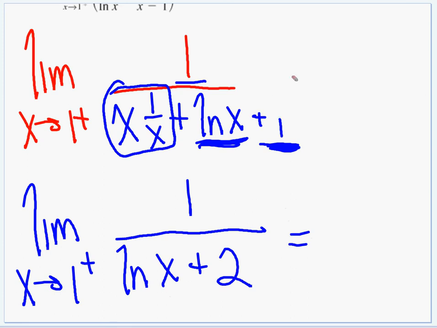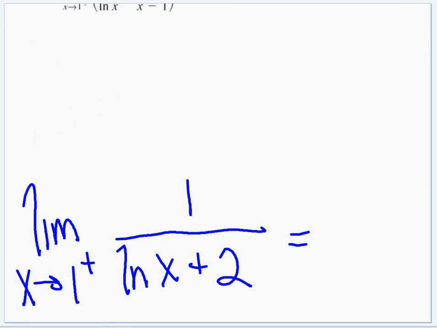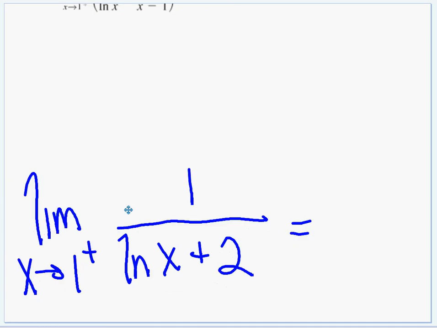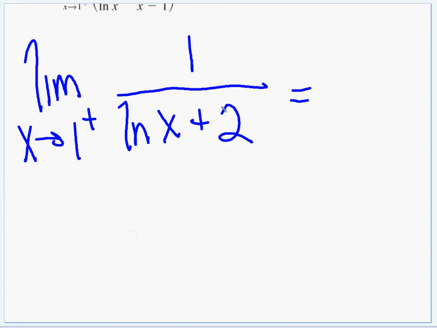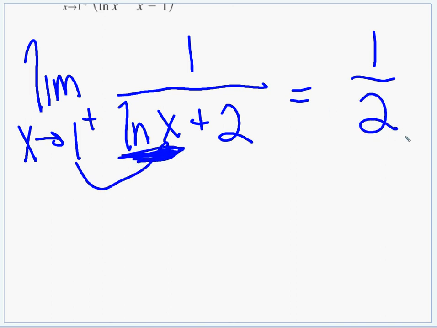Okay, we L'Hopital'd. We did some combining. Let's direct sub and see if we're done. So, numerator's a 1. Here the 1 jumps in. Natural log of 1 is 0. 0 plus 2 is 2. The limit is 1/2.